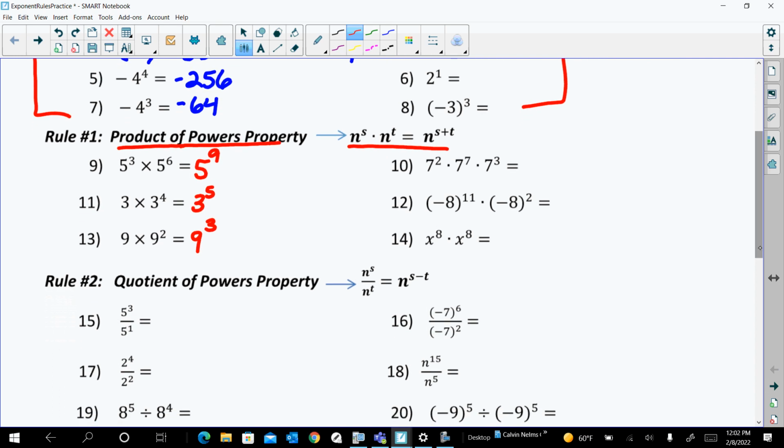What I want you to try to do, and they've given you hints for each rule, like what to focus on. Here we were adding the exponents. Quotient rule, this is when you subtract.